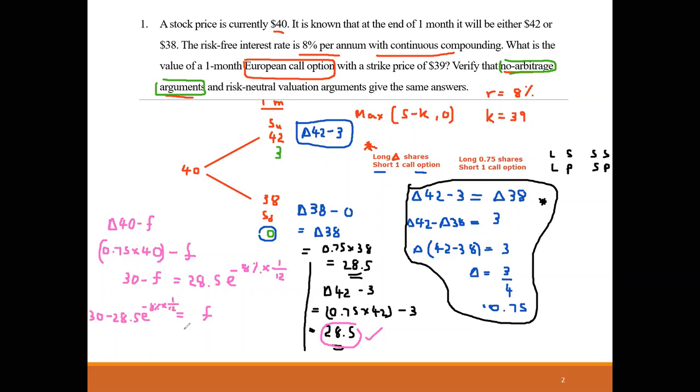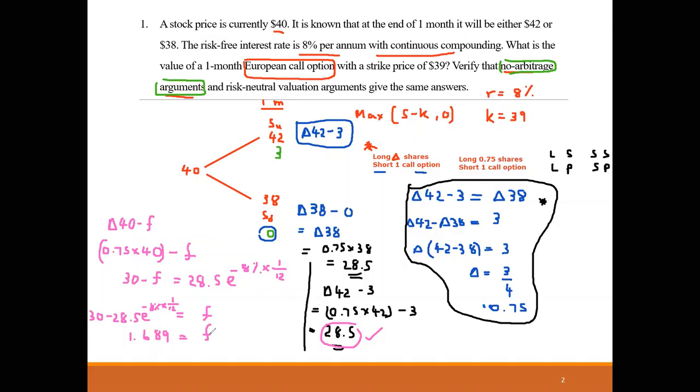If you calculate this, you should get 1.689, right? You get 1.689 as the option price.